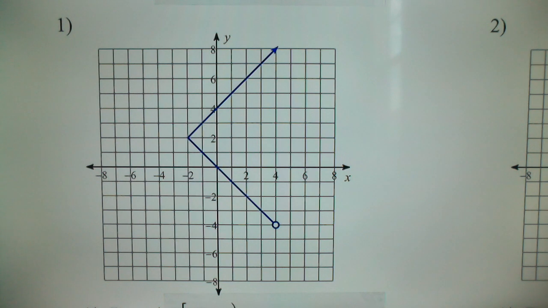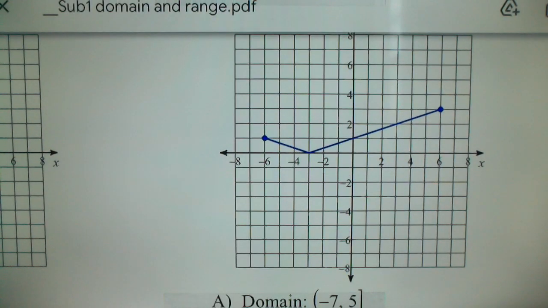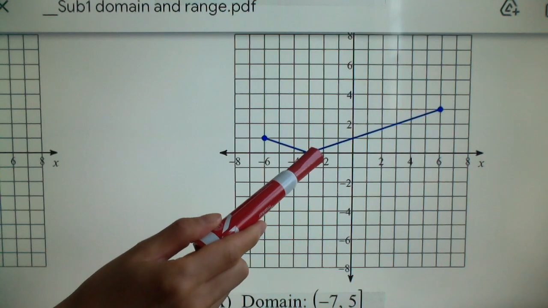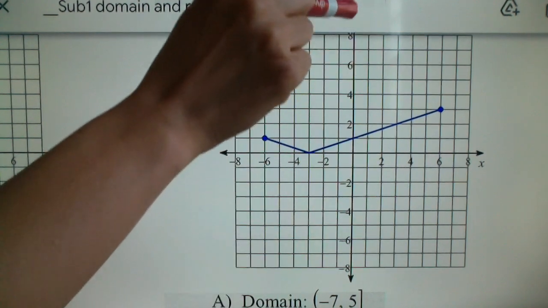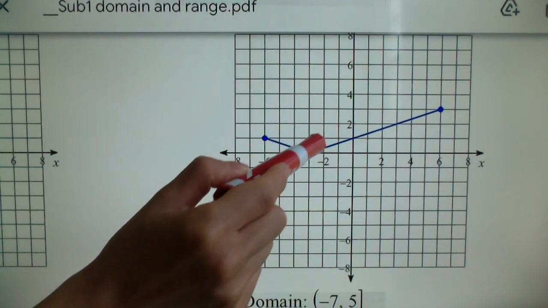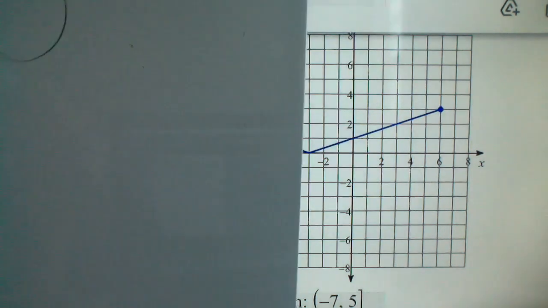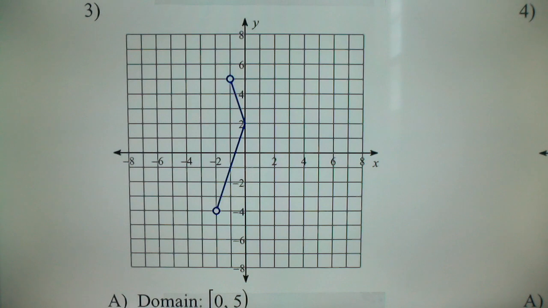And then number 13, going back to graph 4, find x-intercepts. So this is y equals 0. So we'll see this point. Do you remember x-intercepts have to be on this line? Y-intercept needs to be on this line. So here, x-intercept is -3. So the answer is -3.